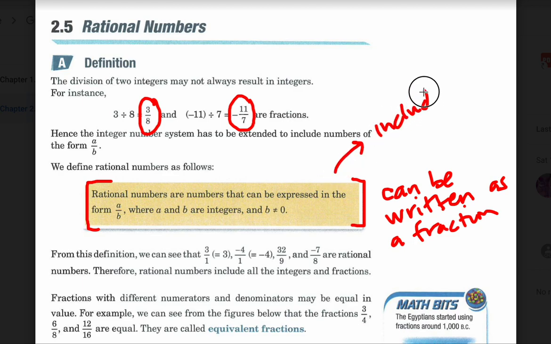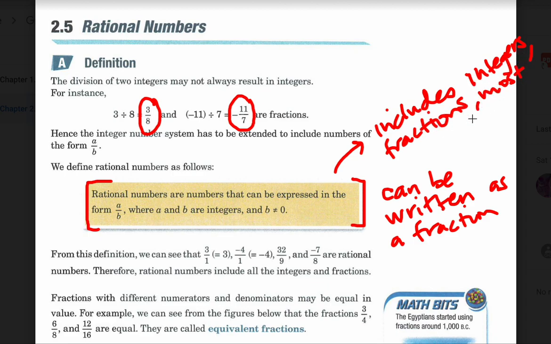So it includes whole numbers, integers, positive and negative numbers, fractions, most decimals. Okay, so it's basically a lot of the numbers that we see in the real world.